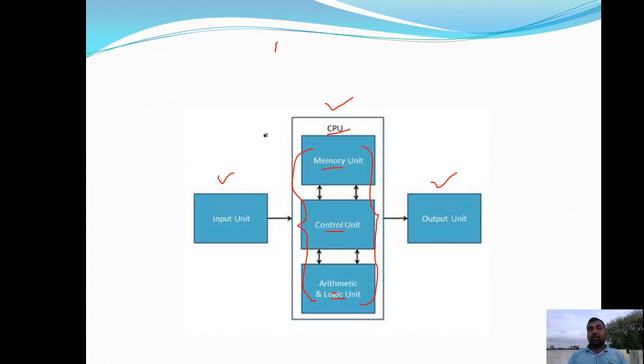Now I am going to give a brief introduction about all these components. First, the input unit. The input unit is responsible for receiving the input from the user, and whatever input is received by the input unit is transferred to the CPU. The CPU is responsible for performing the operations and generating the output.